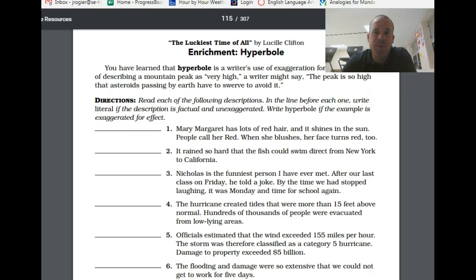If they're saying, I'm so hungry I could eat a horse, that's exaggerated. Nobody can eat a whole horse. So that's an exaggeration, so you would write hyperbole. But if they said, I'm so hungry I could eat my whole meal tonight, that's not an exaggeration. That's literal. That's factual. That's why you would write literal on those types of lines.